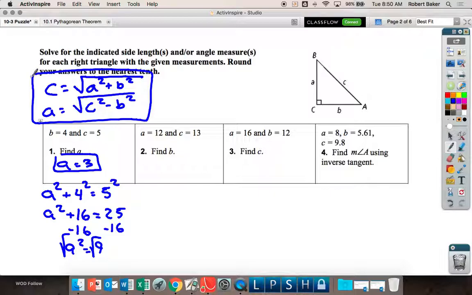So let's use that same trick for number 2. It says you have A, you have C, and you're missing B, and you can reference this triangle in the upper right hand corner to remind you if you need to know what you're doing. So what are we doing to solve for B? Pythagorean theorem or trigonometry?